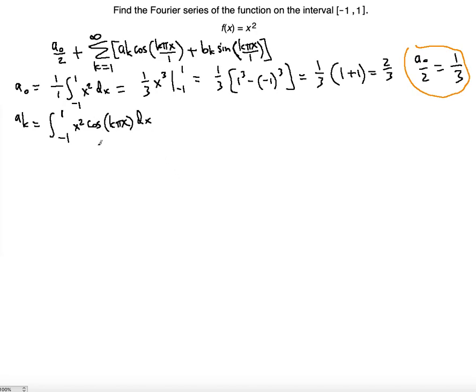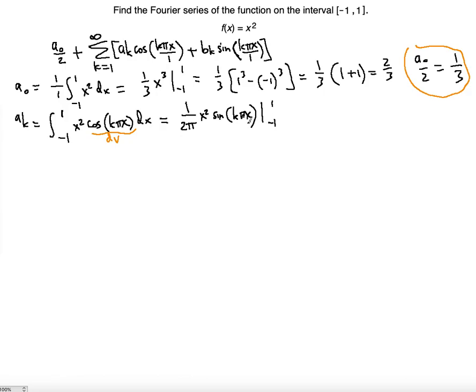Namely, this part here will be dv, and I'm not going to write it out here. So what you should get, if you do this correctly, is 1 over k pi, x squared sine k pi x, evaluated from -1 to 1.